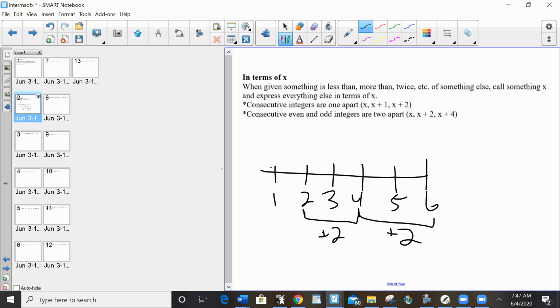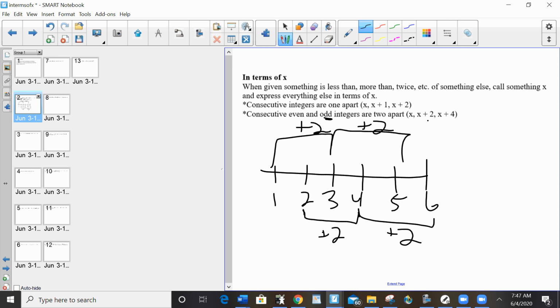Similarly, consecutive odd integers, 1 to 3, 3 to 5, are also 2 apart. So whether it's consecutive even or consecutive odd, the first one is x, then x plus 2, x plus 4. Again, even or odd, they are 2 apart.